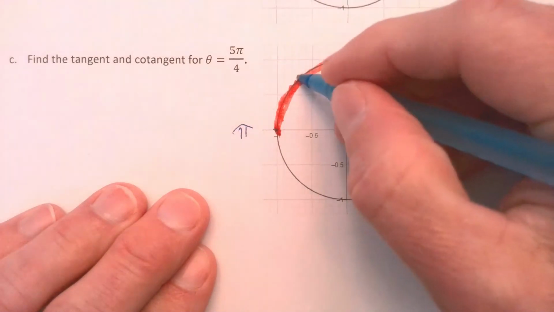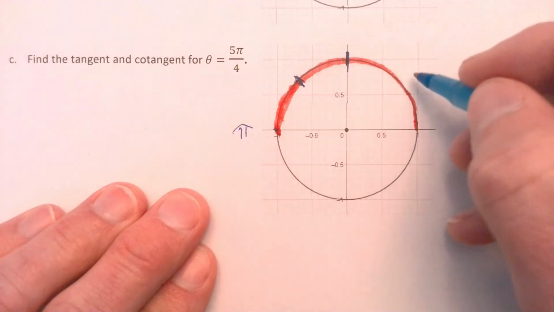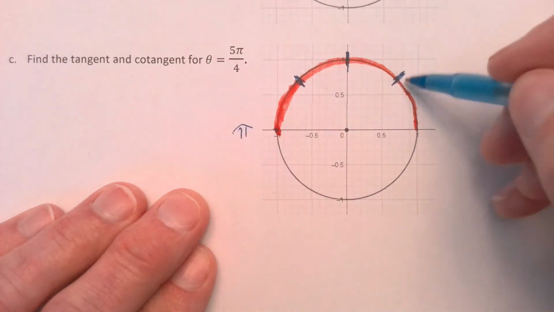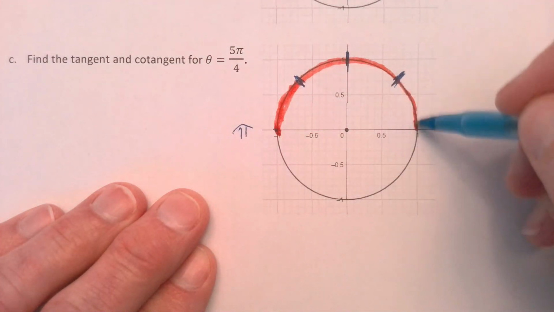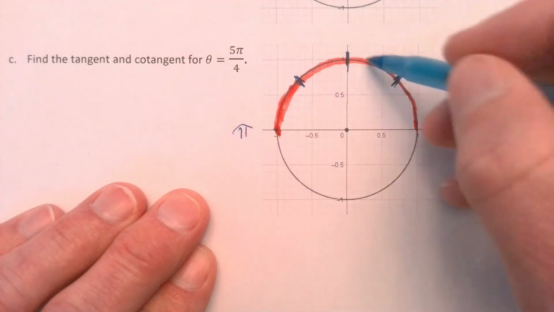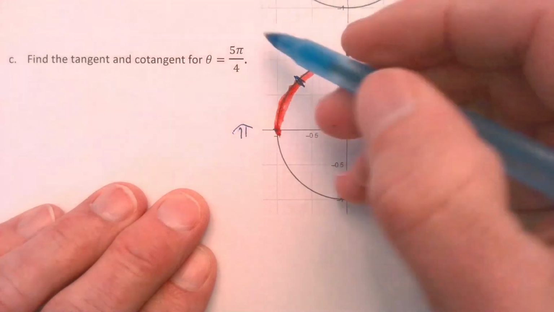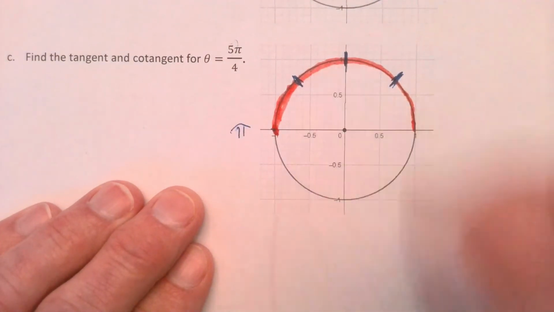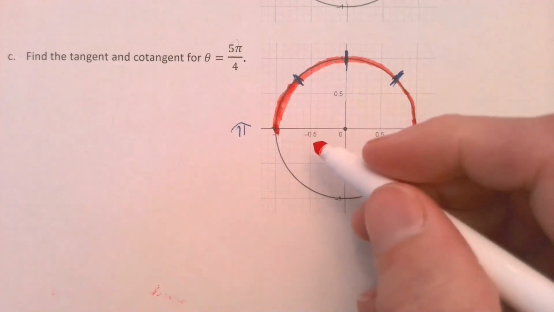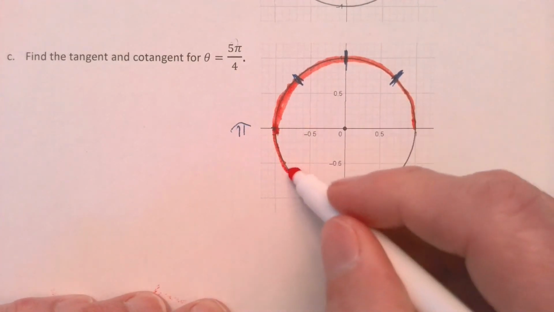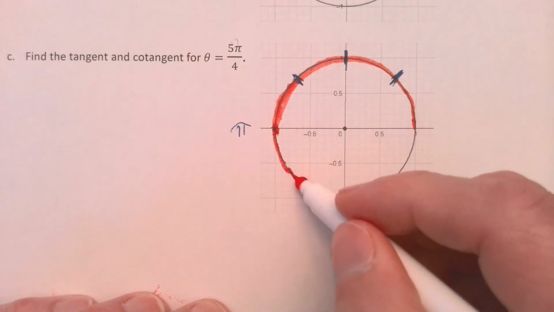So cut it in half. Cut the halves in half. Those are about right. So each one of these arcs is pi over 4. Pi over 4, pi over 4, pi over 4. You have 1, 2, 3, 4 of them. You're supposed to have a total of 5. So to get this problem right, you have to go beyond pi by one more of these pi over 4 arcs. And that gets you to about right here.